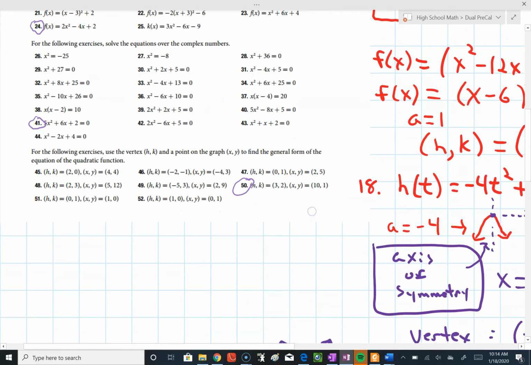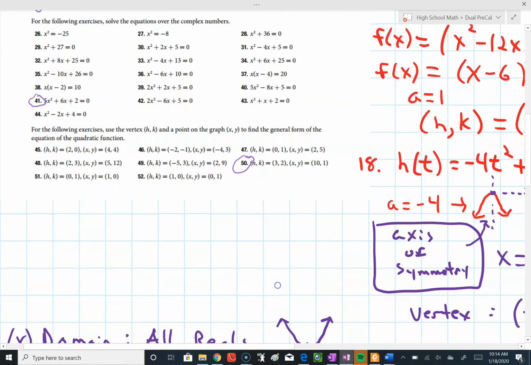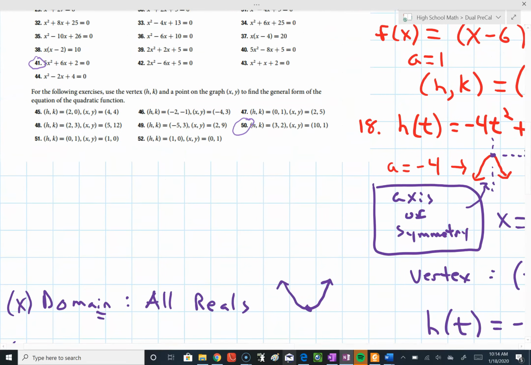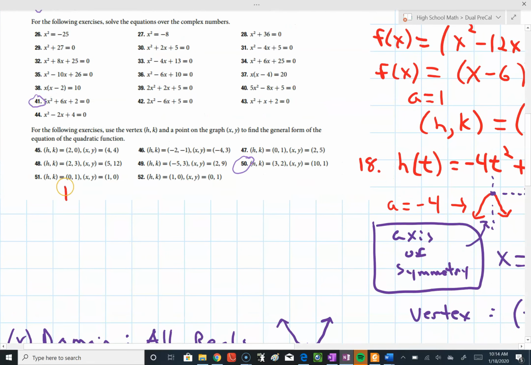They're giving us the vertex at 3, 2, and another point at 10, 1. Vertex, that's h, k, is 3, 2, and another point is 10, 1.